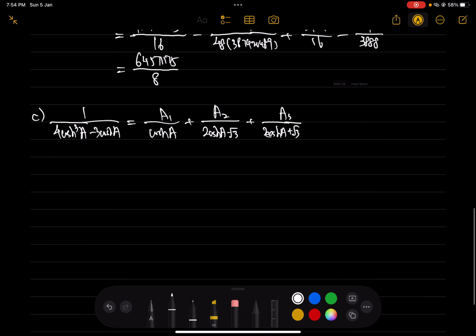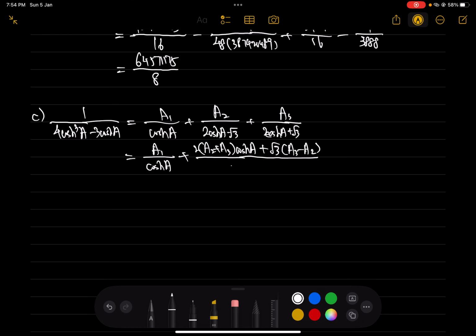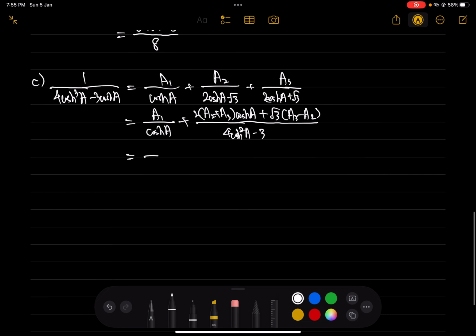And now we just solve the right hand side. Now this looks like the question we have in part C, but we're not done yet.